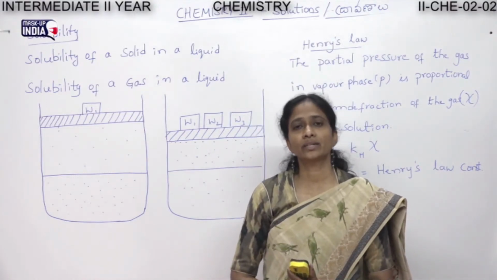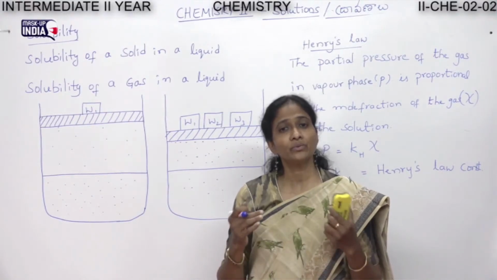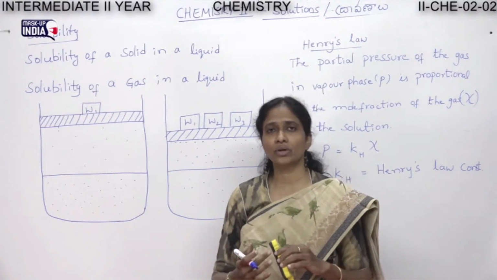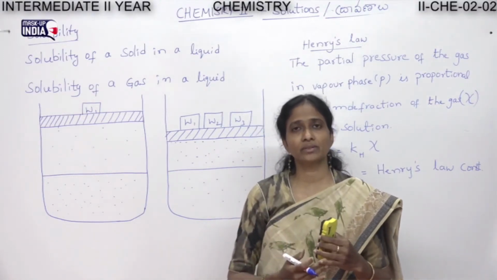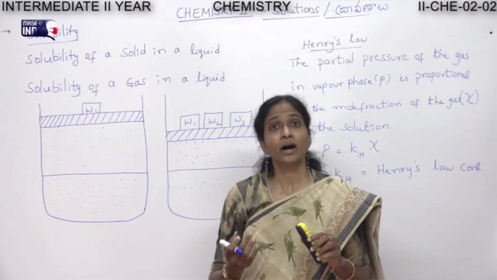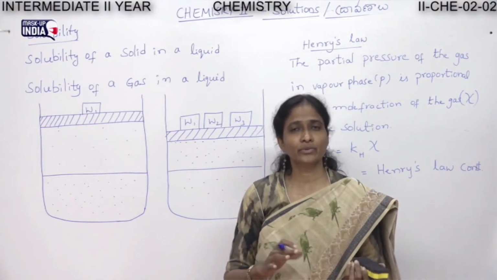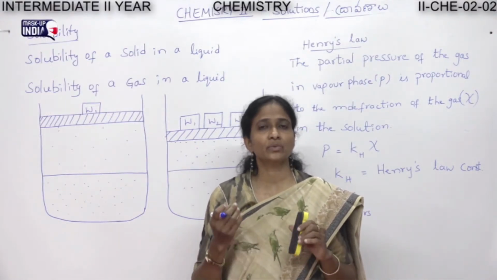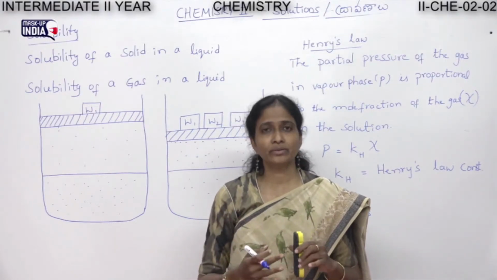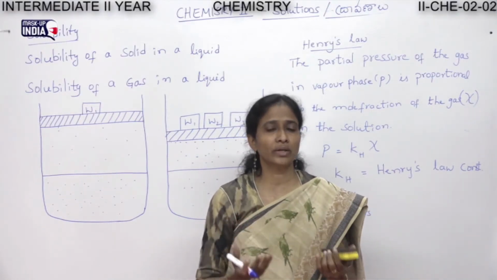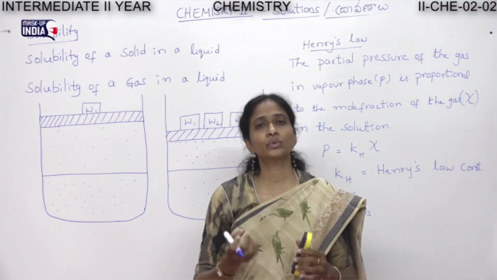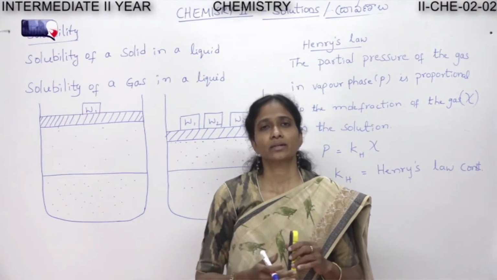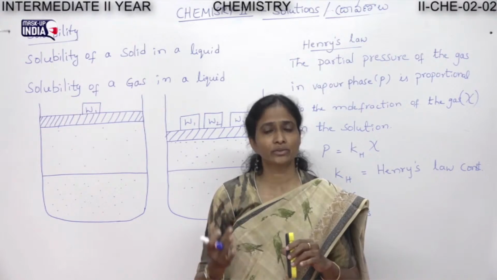Okay, saturated solution. Okay, so one more thing. So the solution which is able to dissolve more and more sugar crystals, then we can call it as unsaturated. Okay, saturated and unsaturated. So saturated means it is not able to dissolve more solid compound or more sugar crystals, that we can call as saturated solution.